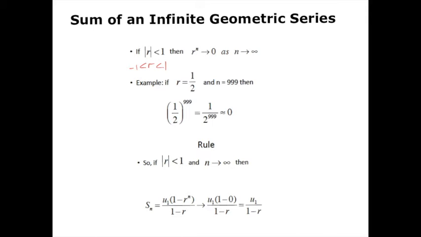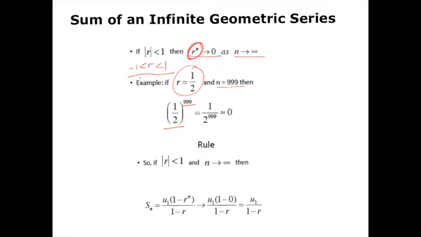For instance, if r is a half, between negative 1 and 1, let's say, instead of n approaching infinity, which is very abstract, n is 999. In other words, a really, really big number. Then r to the power of n would be a half to the power of 999.